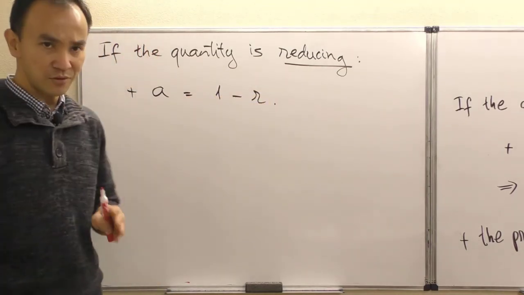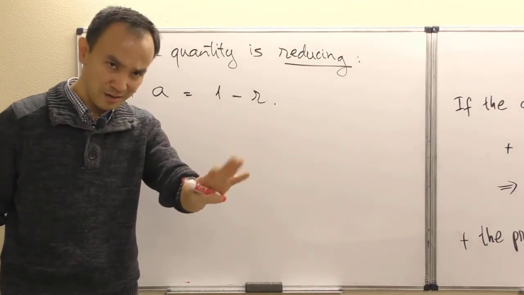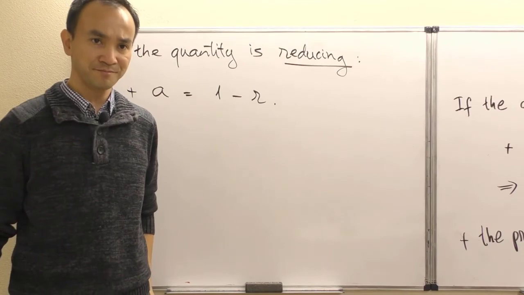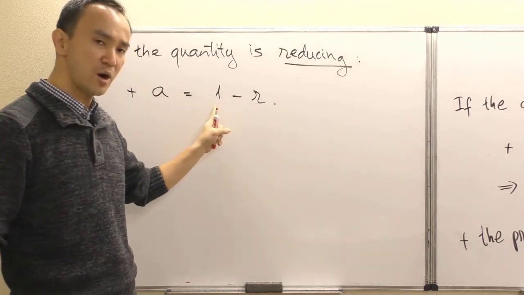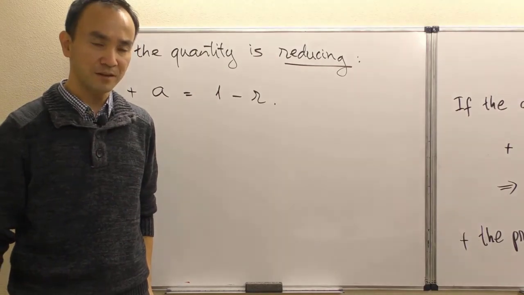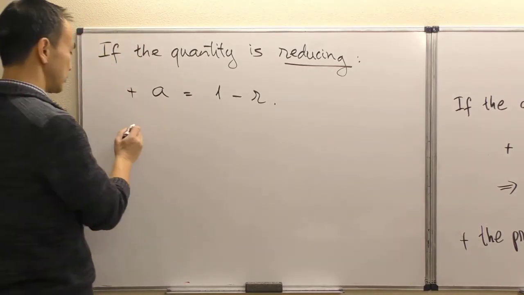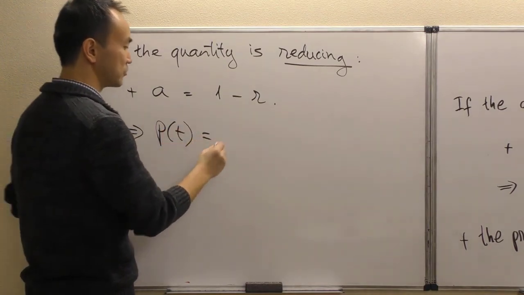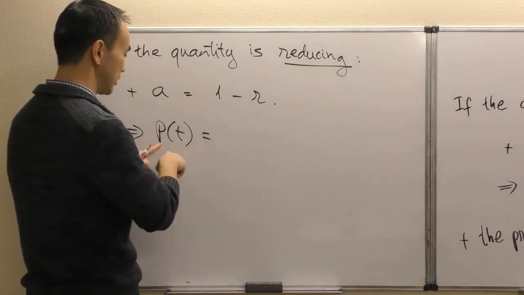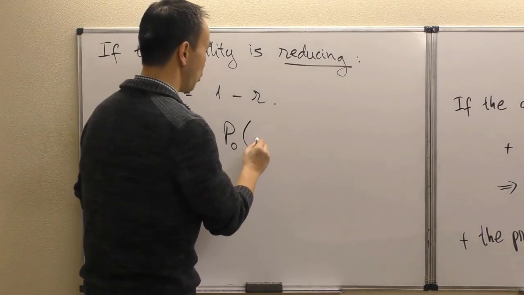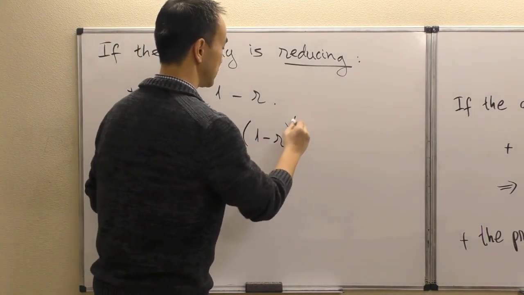A lot of times the rate given in the problem is expressed as just a positive rate, but then the base will be calculated as 1 minus the rate. That means our function to model the quantity changing is going to be P of t equals P sub 0 times 1 minus r to the t.